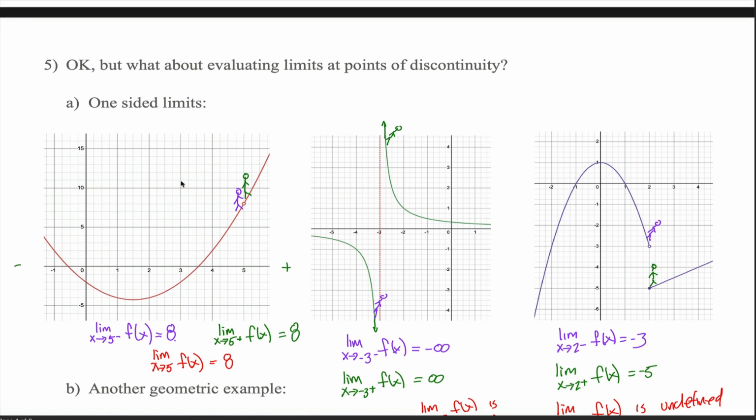But the type that's going to be relevant in our class is this type right here, when we have the removable discontinuity. And what we're always going to be looking at is the limit as we approach that removable discontinuity. And what we're always going to do to figure out that value is, loosely speaking, fill in the open circle so that the function becomes continuous, and then evaluate the limit by just looking at the height of the function at that point.